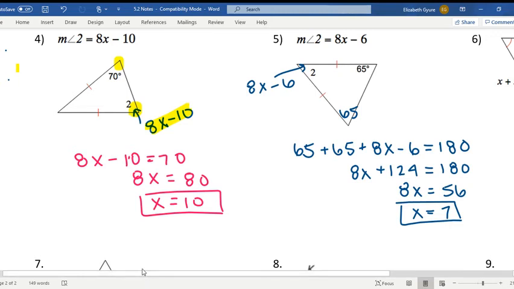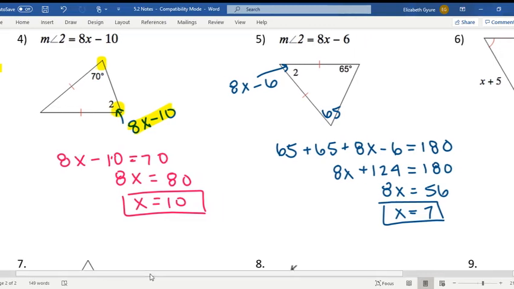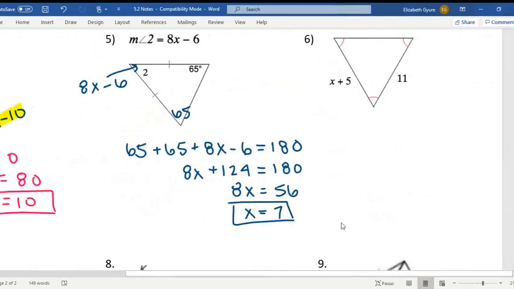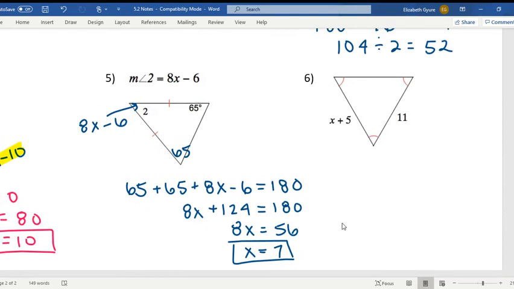I know you got them done, but do you have your packet out still? Okay. All right, number 6. What kind of triangle is this? Well, right now technically the angles are marked as congruent, so it's equiangular. But if it's equiangular, what else is it?